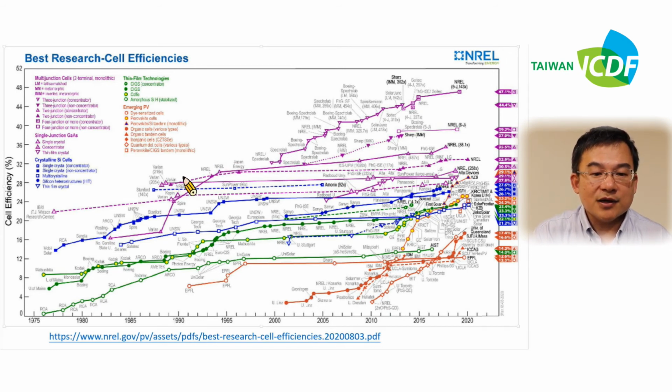And there is another solar cell, the multi-junction solar cell. Multi-junction solar cells have a higher efficiency. The best one here from NREL is 47%. It's very good, but now it's not a commercial material.